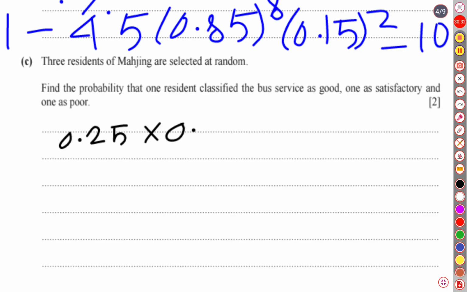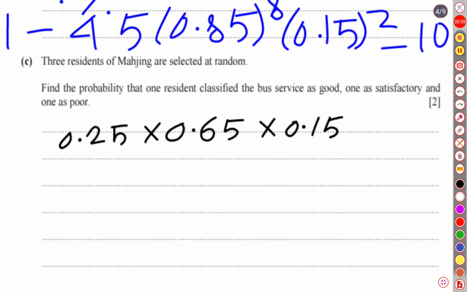For satisfactory the probability was 0.65, and the third, one of the three, classified this as poor, and the probability of classifying as poor is 1.5. Okay, so this is 0.225 plus 0.65 plus 1.5, it is the total probability.